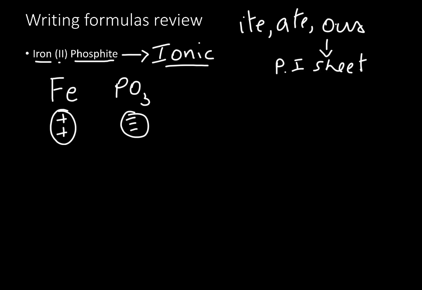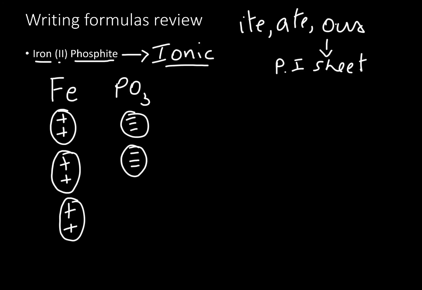Now I have fewer positives right now, so I need to add one more atom of Fe, but now I have more positives, so I need to add one more ion of phosphite, and then finally add more iron, and now I have a total of 6 positives here, and I have a total of 6 negatives here.